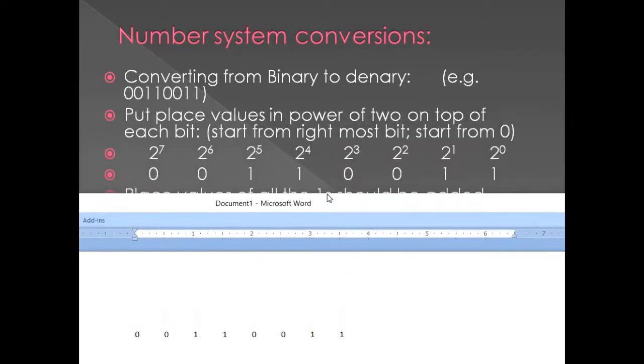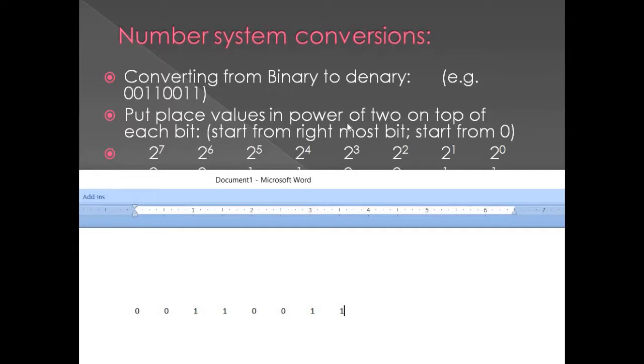Now the first thing you need to do is put place values in power of 2, and start from the right hand side, like this: 2 power 0, 2 power 1, 2 power 2, 2 power 3, 2 power 4, 2 power 5, 2 power 6 and 2 power 7, like this.